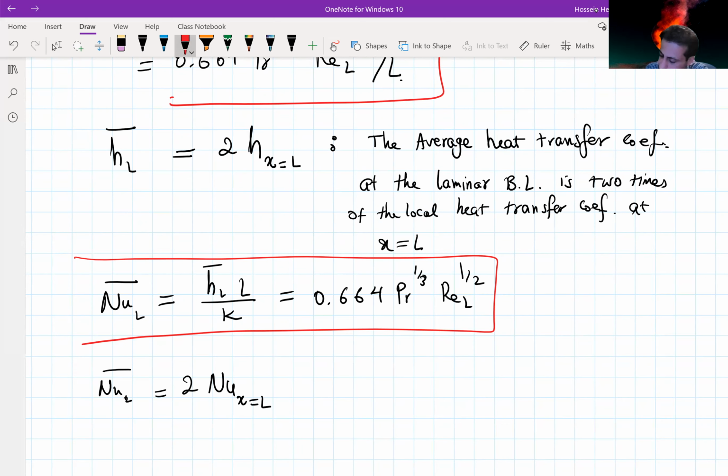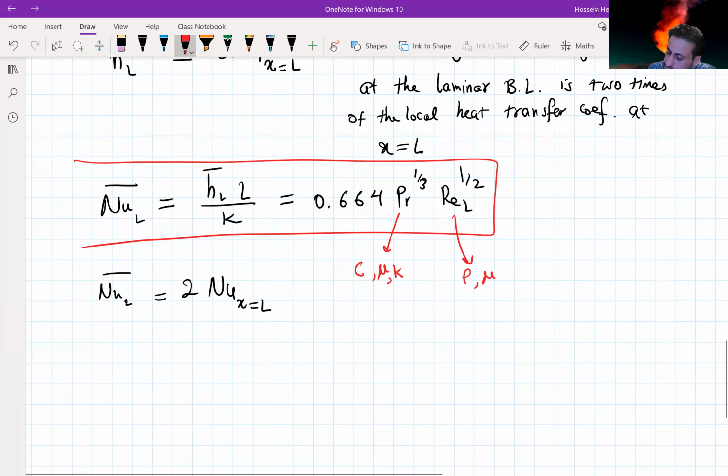Now, if we pay attention here, this is Prandtl number, a function of c, mu, k, all fluid properties. Reynolds number is a function of rho and mu. So these fluid properties are temperature dependent.